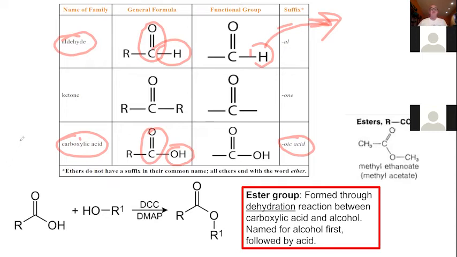So aldehydes are super duper reactive. And if we were to name them, we just replace the ane at the end with al. Methanal, ethanal, propanal. And you don't have to number them because they're always at the end. They're never in the middle because you have a hydrogen on one side of that carbon.